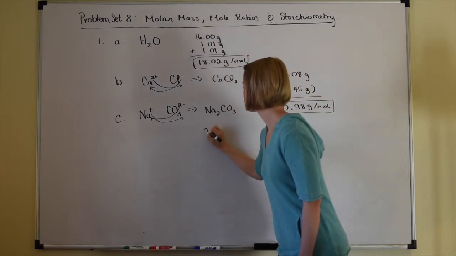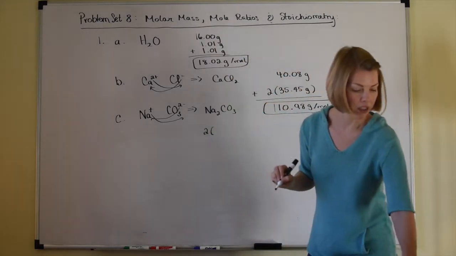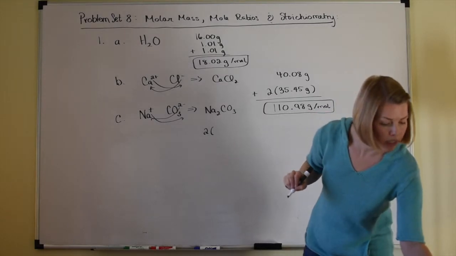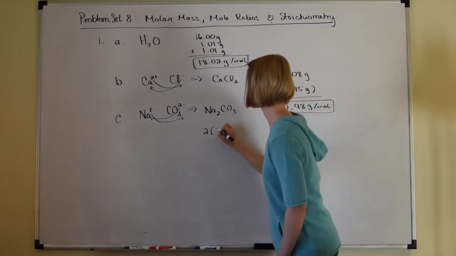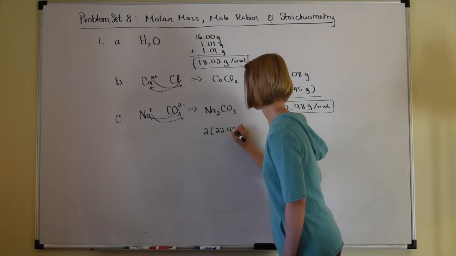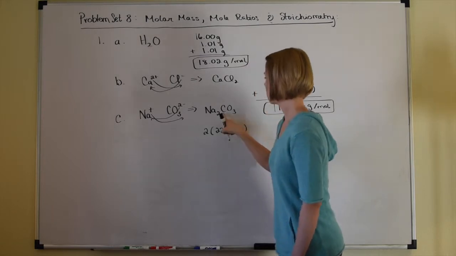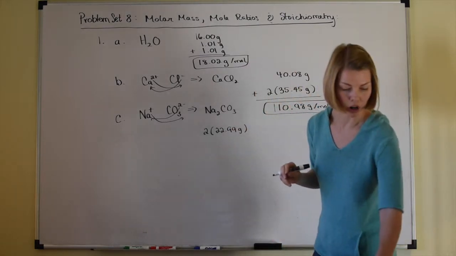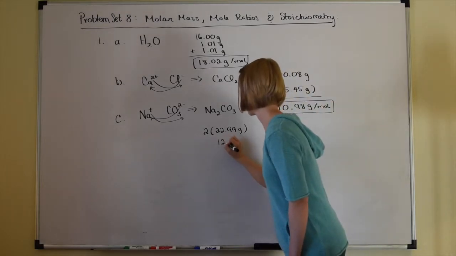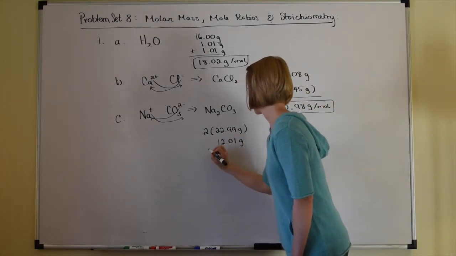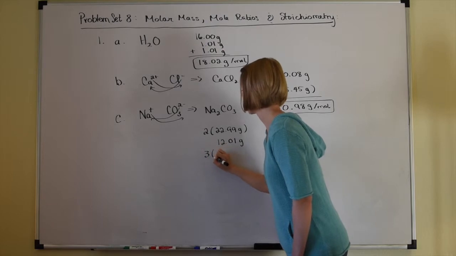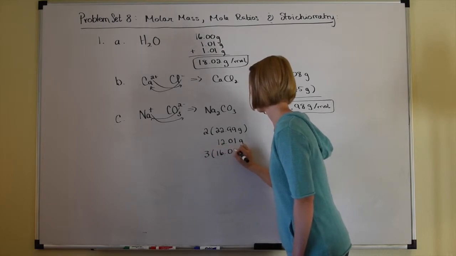Okay, so 2 times the molar mass for sodium, which is 22.99, plus the 1 mole of carbon, which is 12.01, and the 3 moles of oxygen, which are 16.00.